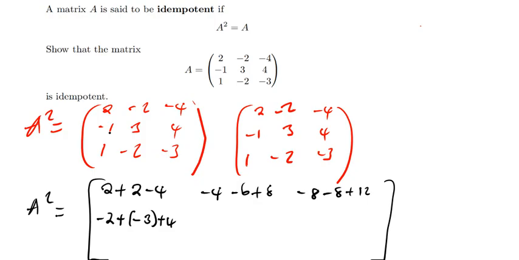Then the same row times the next column. So negative 1 times negative 2, that becomes positive 2, 3 times 3 becomes 9, then 4 times negative 2 becomes minus 8. Then again the same row and the last column. So negative 1 times negative 4 is 4, 3 times 4 is 12, then 4 times negative 3 should give me negative 12.